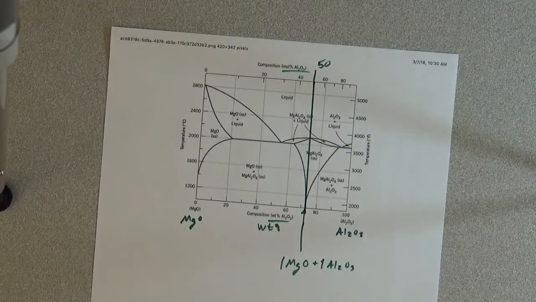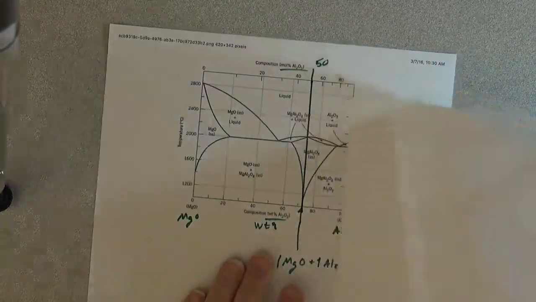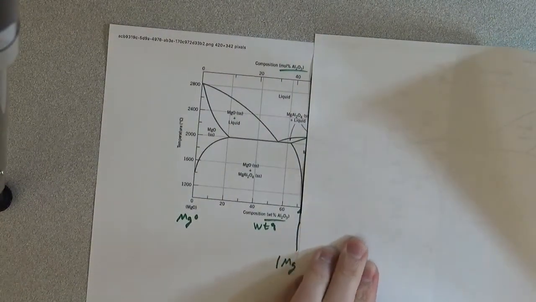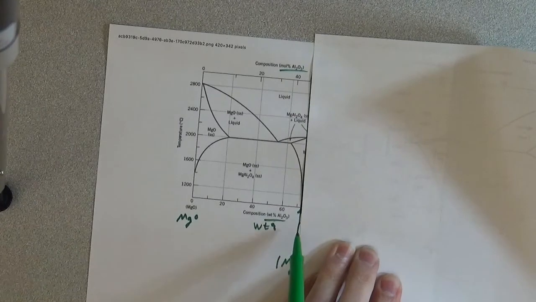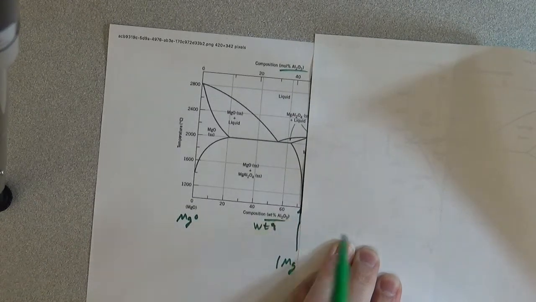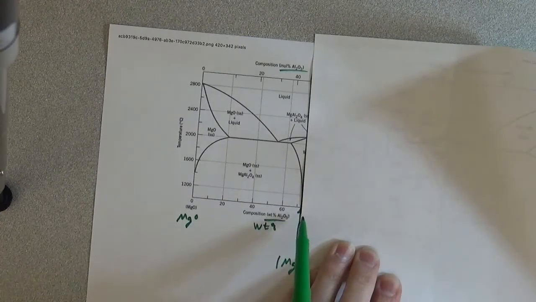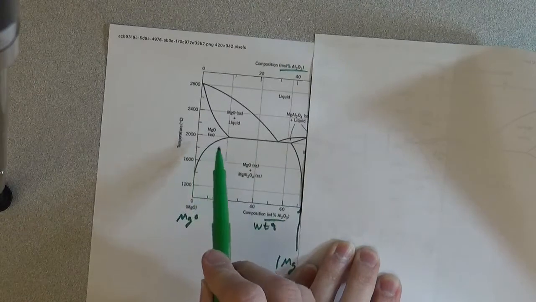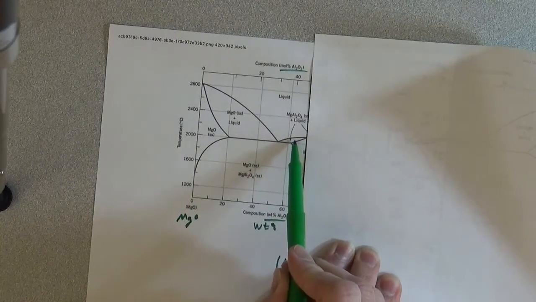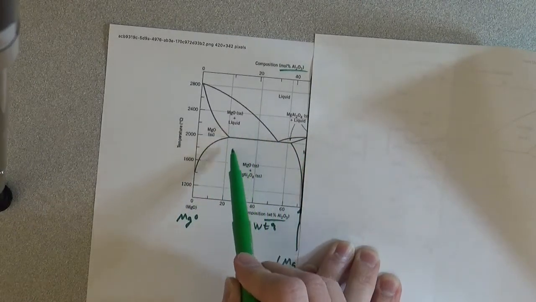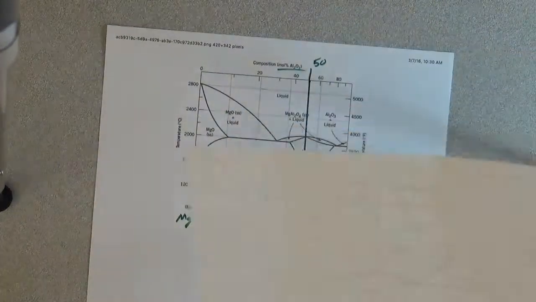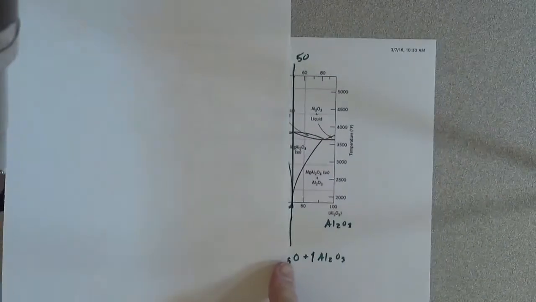Now we have two eutectic microstructures, or two eutectic phase diagrams. Right, here's one where we have MgAlO4 and MgO, and here is solid solution, liquid. That's going to be whatever, alpha plus liquid, beta plus liquid, and we have got a binary eutectic. And then on the other side, we have another binary eutectic.